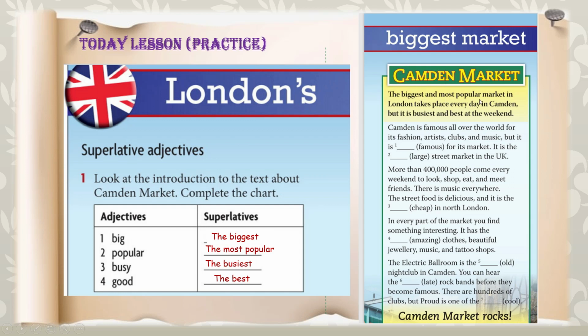The biggest and the most popular market in London takes place every day in Camden, but it is busiest and the best at the weekends. Camden is famous all over the world for its fashions, artists, clubs, and music, but it affords its market, and it is the street market in the UK. More than 400,000 people come at weekends to look, shop, eat, and meet friends.